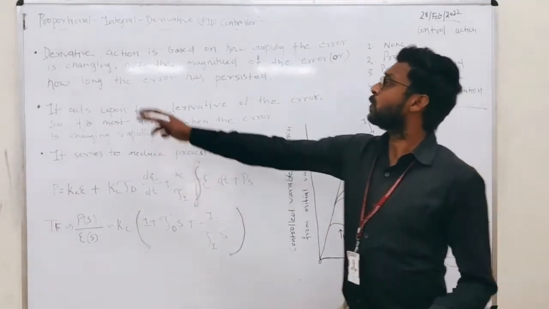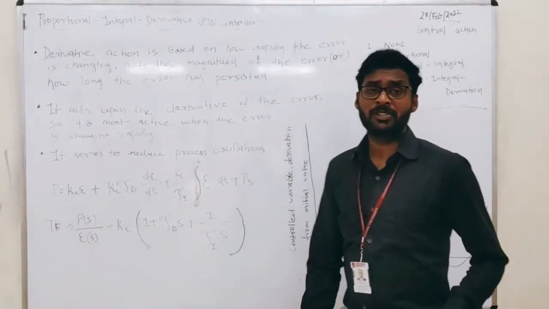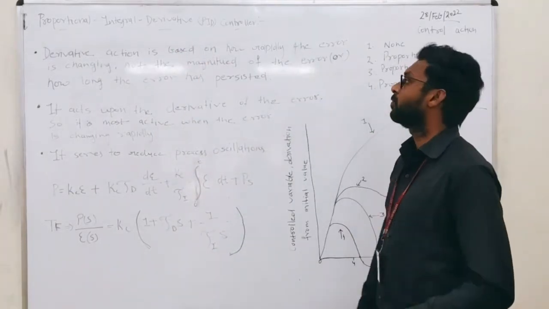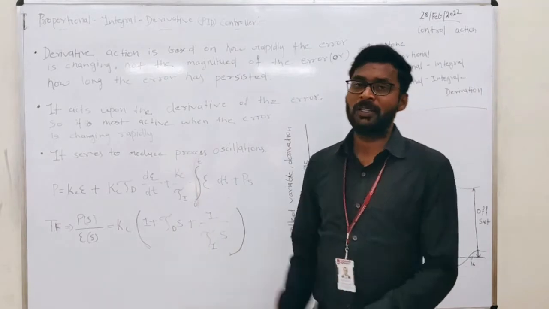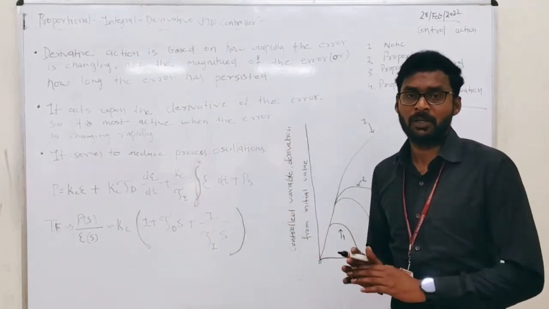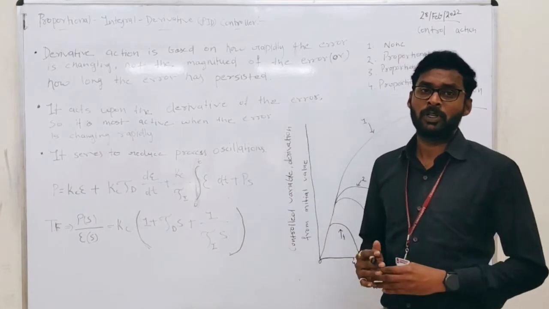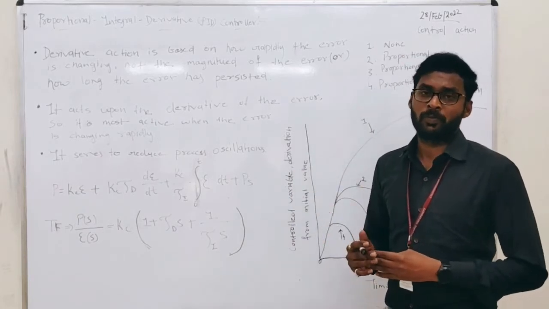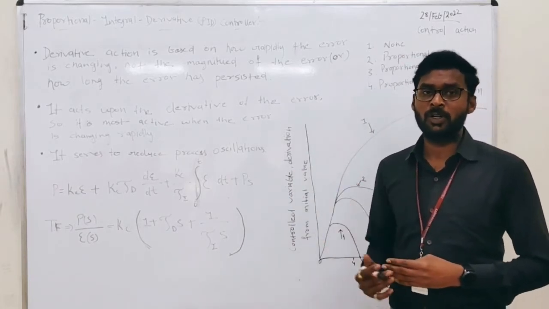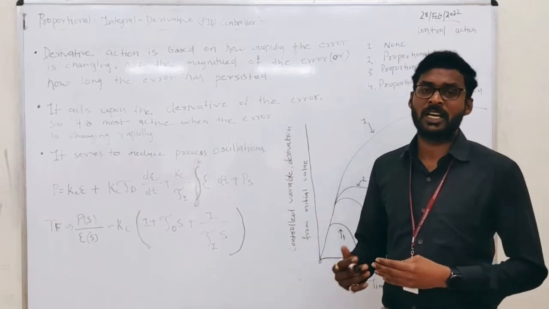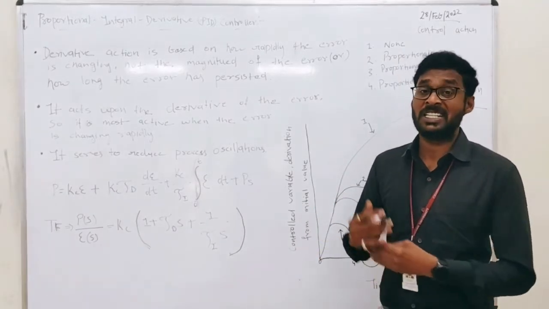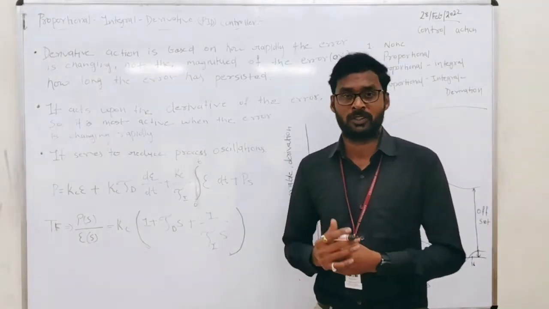And why do we use the combination of P, I and D controllers? Actually, this particular controller is the most stable controller, where we will get a proper desired output. There we will remove or minimize the oscillations as well as the sensitivity of the process, and we can increase the stability of the process.